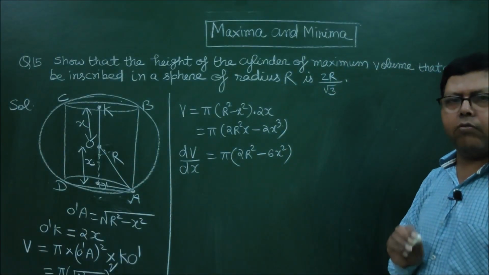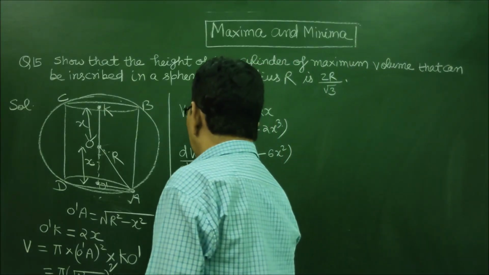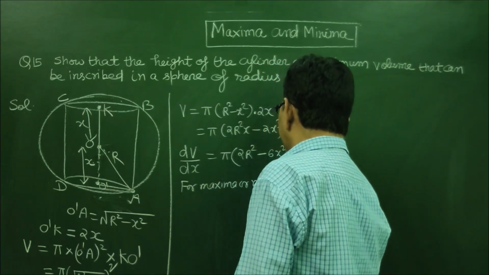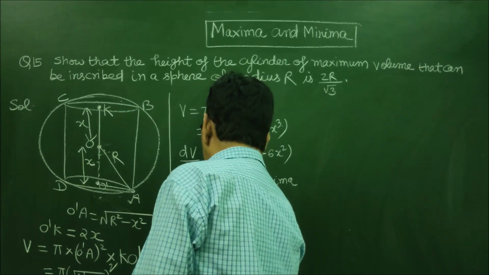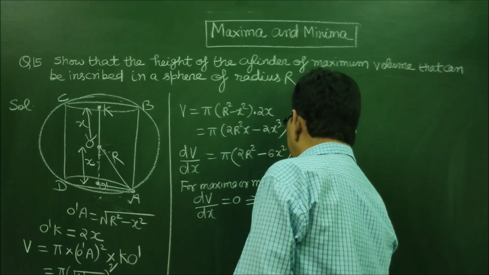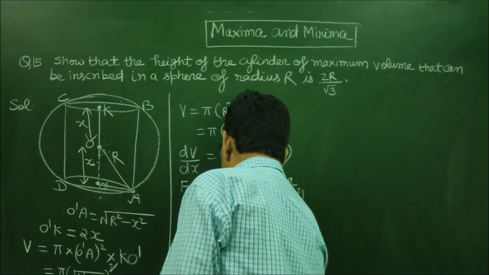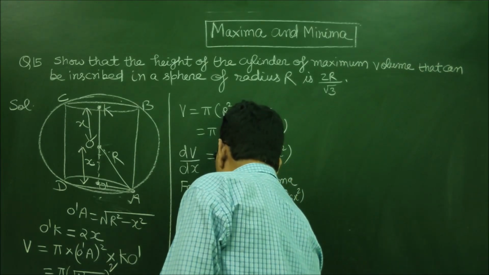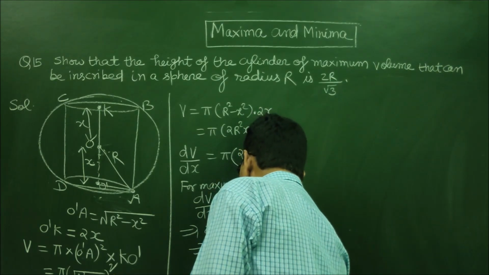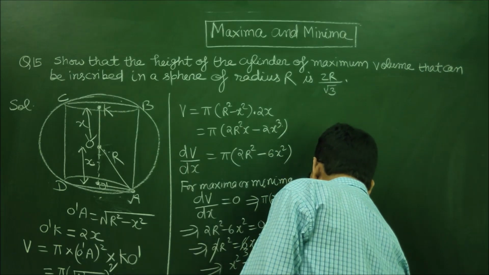For maxima or minima, the condition is dV over dx must be equal to 0, which implies that pi into (2r square minus 6x square) is equal to 0, or 2r square is equal to 6x square. 2 and 3 times cancelled. x square is equal to r square upon 3, or the value of x is equal to r upon root 3.